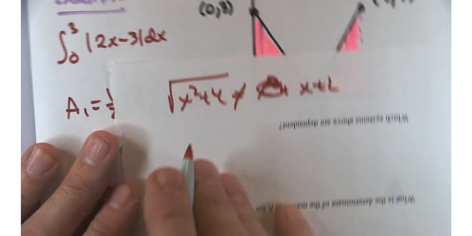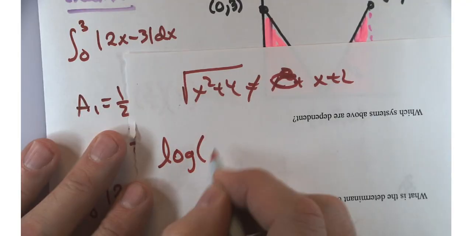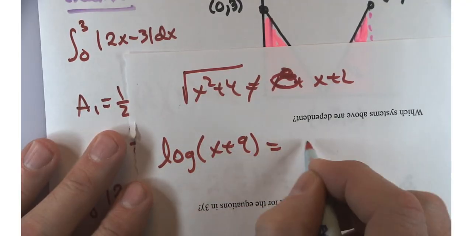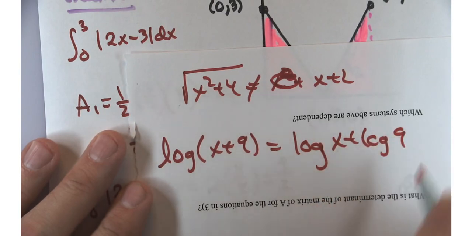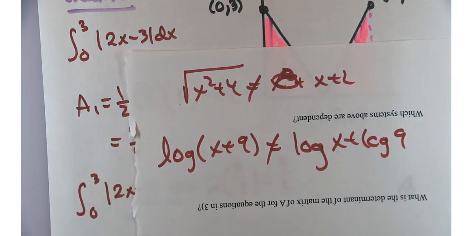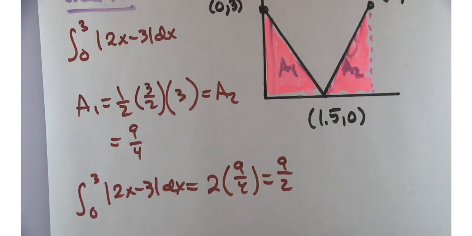It'd be nice if the log of x plus 9 was equal to the log of x plus the log of 9. But that's not true either. So it's refreshing to see something in mathematics that actually works like you would hope and think. And we'll see some of that here with this example.